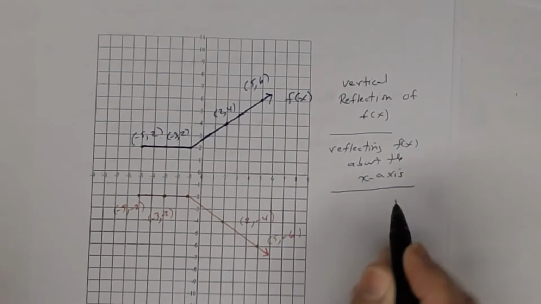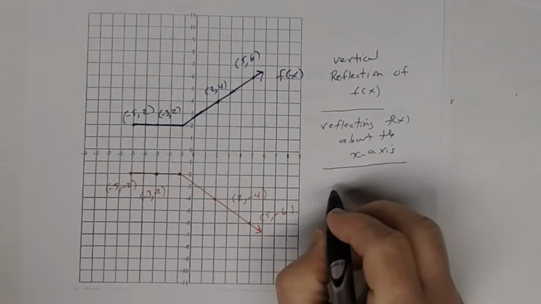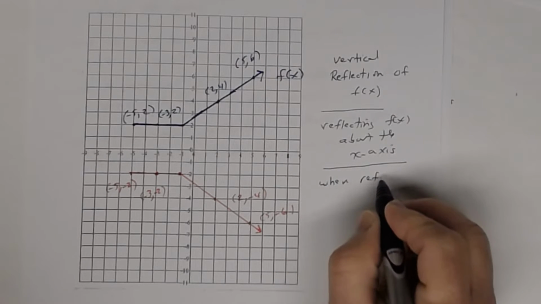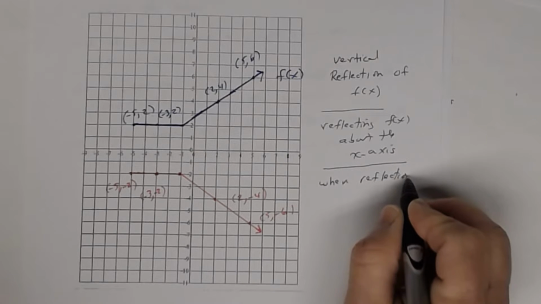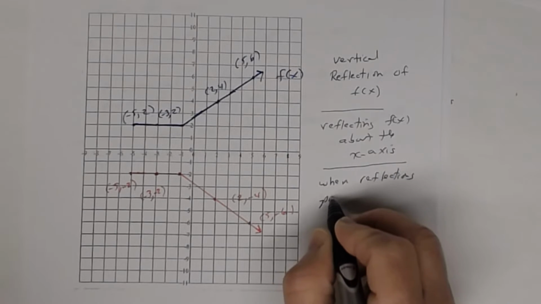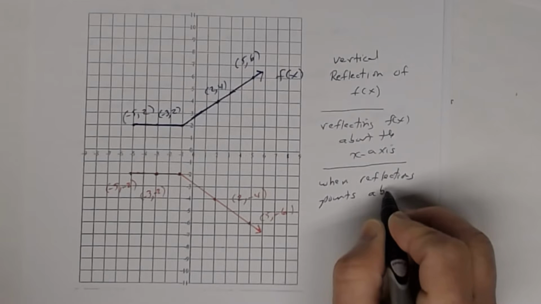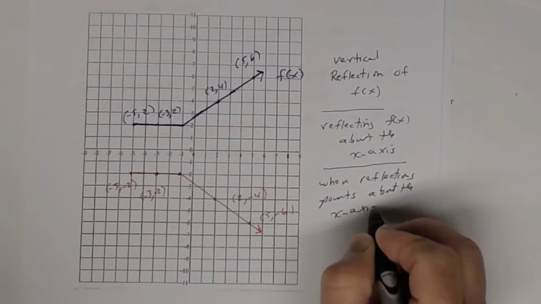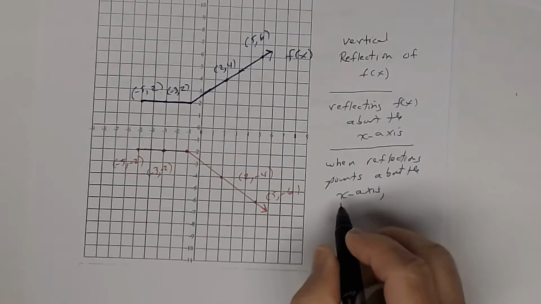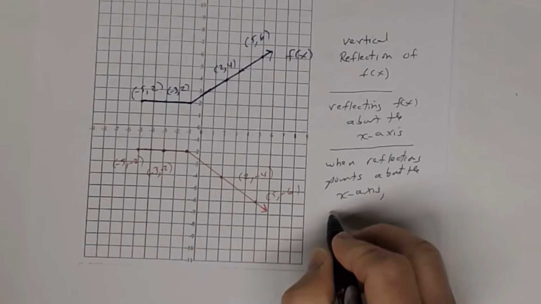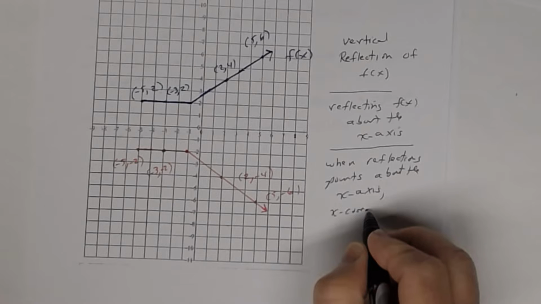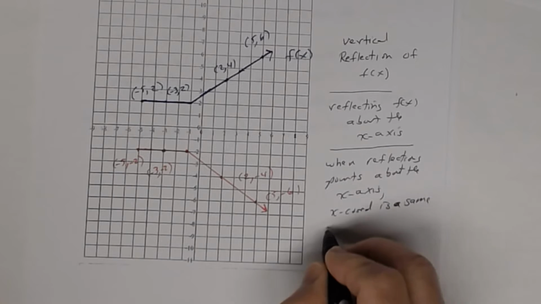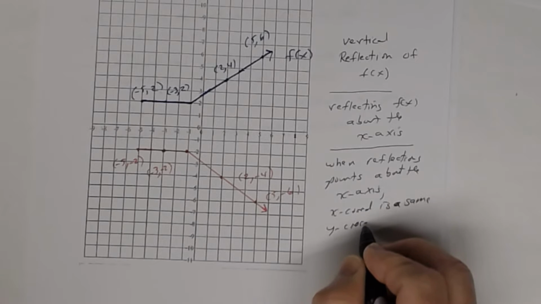The other thing I want you to remember is that when reflecting points about the x-axis, the x coordinate stays the same, the y coordinates are opposites.